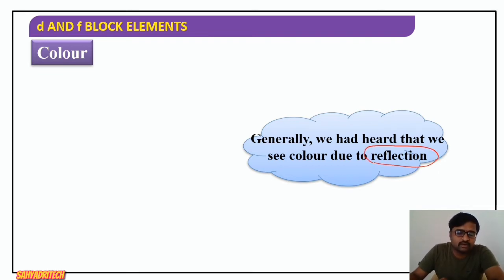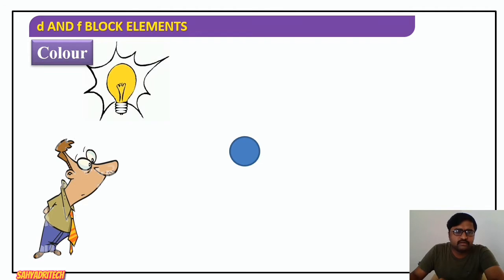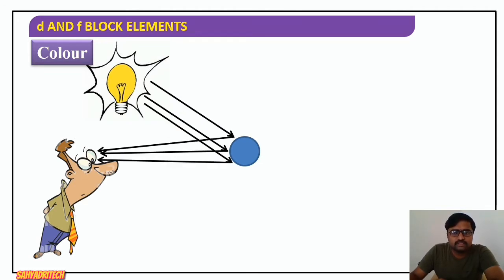Earlier they thought that whatever color we observe is because of reflected light, which means whenever light radiation falls on an object, some of the light radiation is reflected. So earlier scientists thought we observe color because of reflected light.